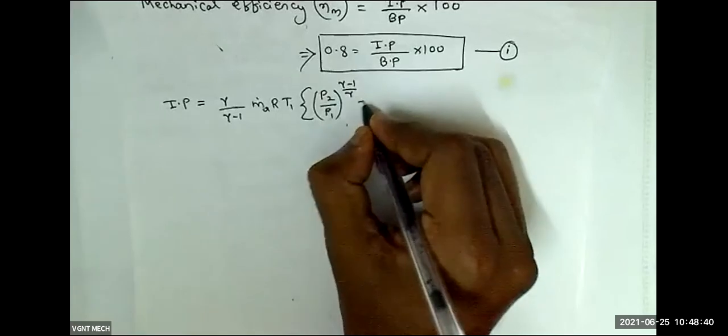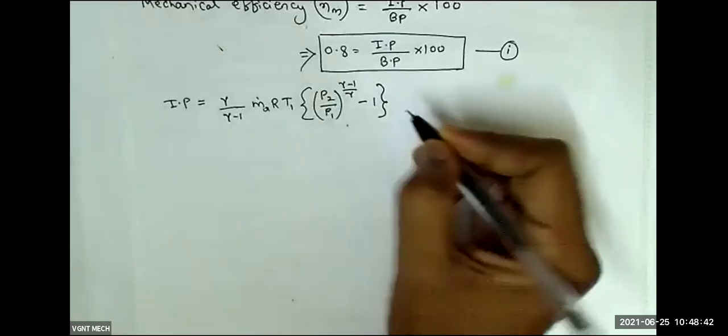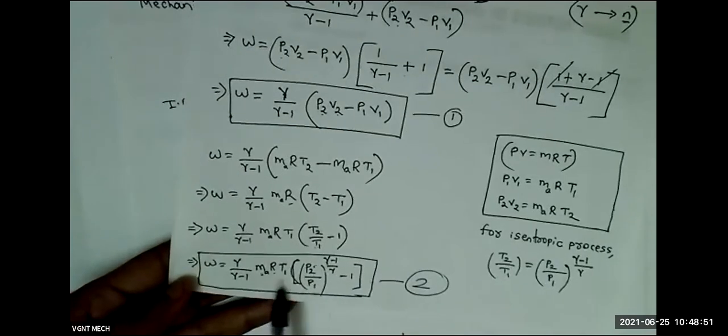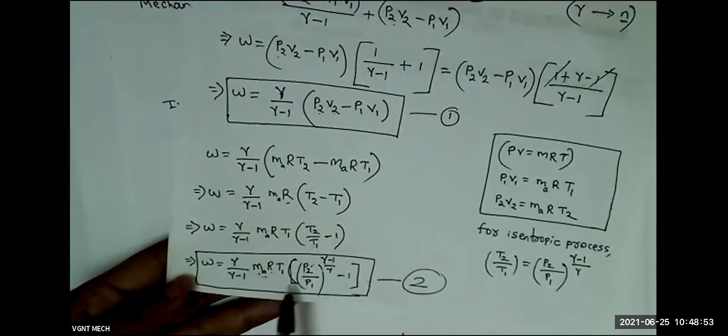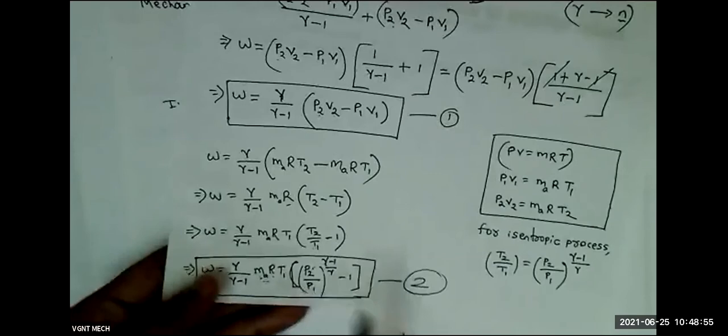So this is the formula, always remember it. This is the output power of the compressor. This is the formula to calculate the output power of the compressor.